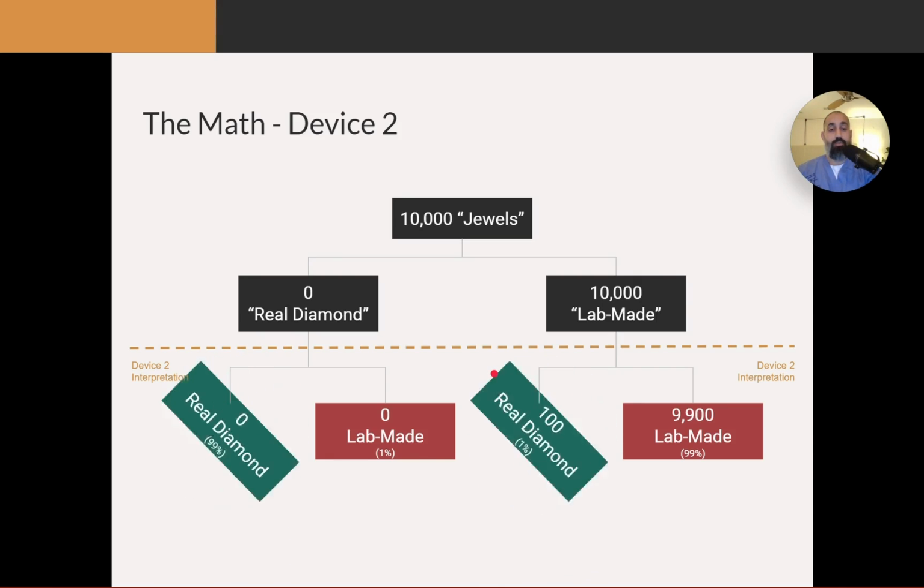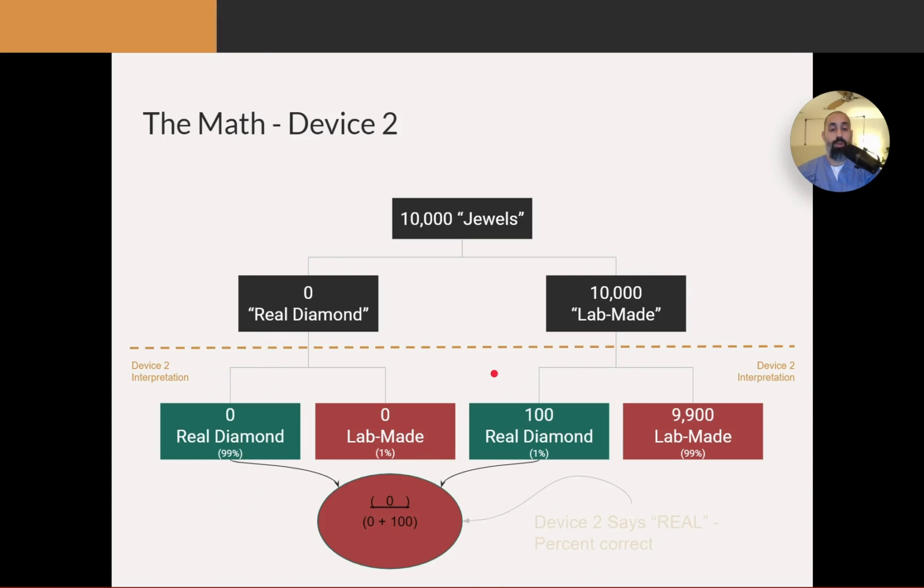But it would be wrong 100% of the time. Every time this device said it was real, it would be wrong, because there were no real diamonds. And so, in this situation where there are no real diamonds, the device will be wrong 100% of the time, even though it remains 99% accurate.